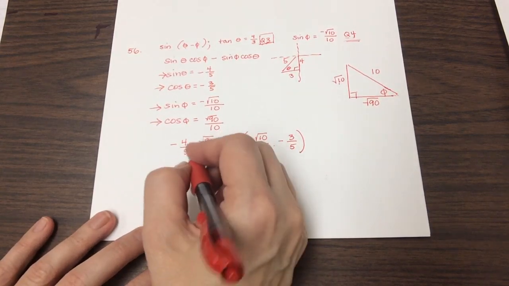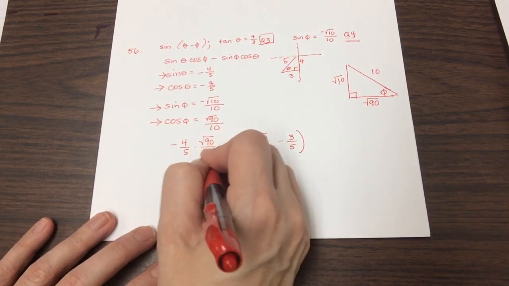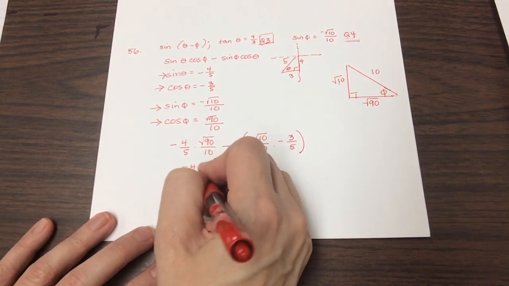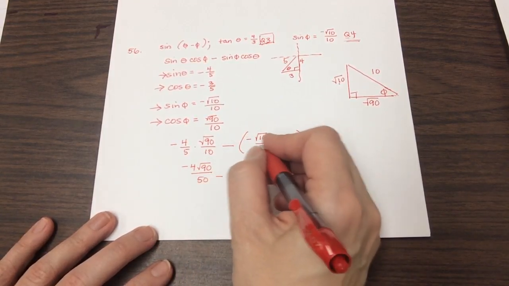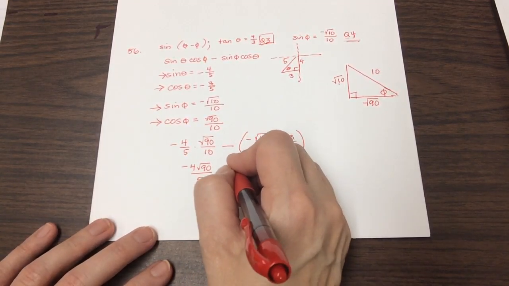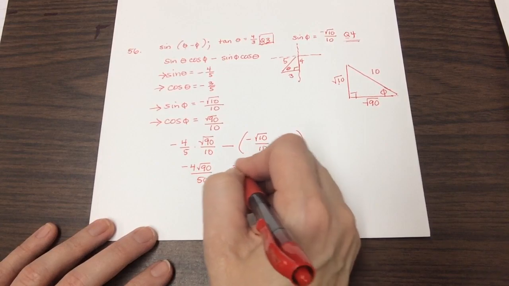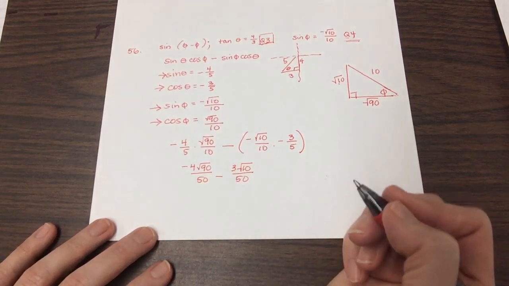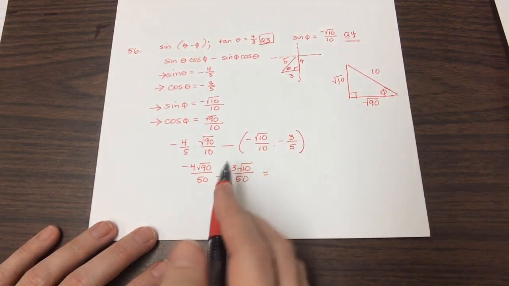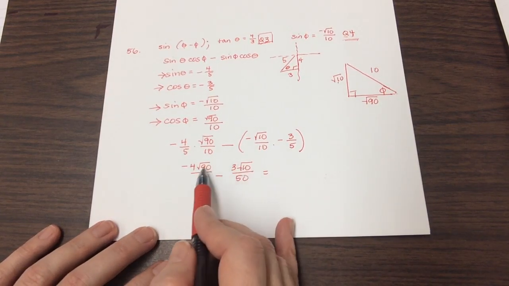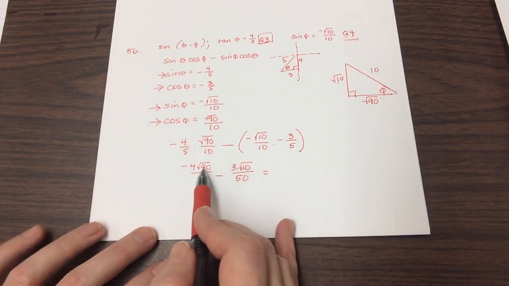And when I multiply that, I get negative 4 times the square root of 90 over 50. Right here, I get a negative times a negative, so that's going to be 3 times the square root of 10 over 50. All right, and you know you can't subtract unless everything is like terms.